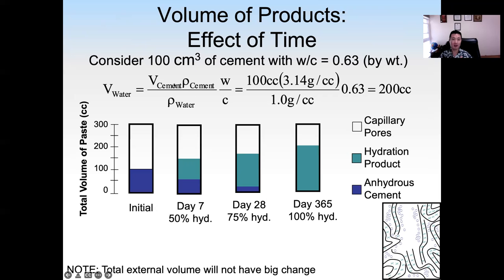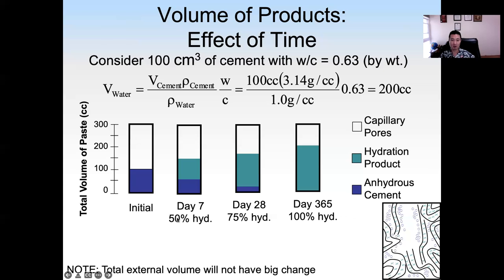Based on this information and the density of cement, which is around 3.15, and the density of water, 1 gram per cc, we can calculate the volume of water, which is about 200 cc. So initially we have 100 cc of unhydrated cement, the blue color, and the white color is 200 cc of water.